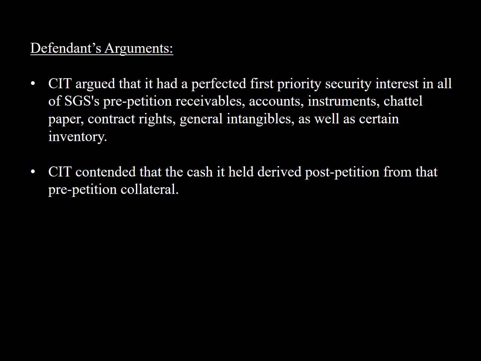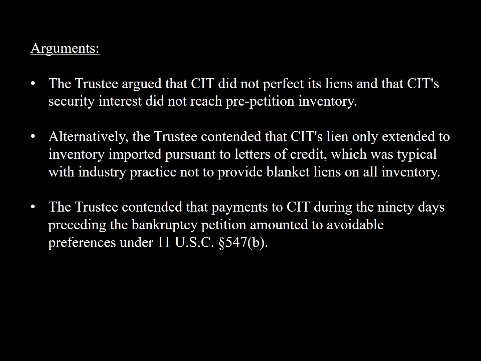Those are the defendant's arguments. I already explained that. The trustee's argument is that CIT didn't perfect its liens, and therefore CIT's security interest does not reach pre-petition inventory. Granted, it has a lien post-petition, but not pre-petition, and so that was the issue.